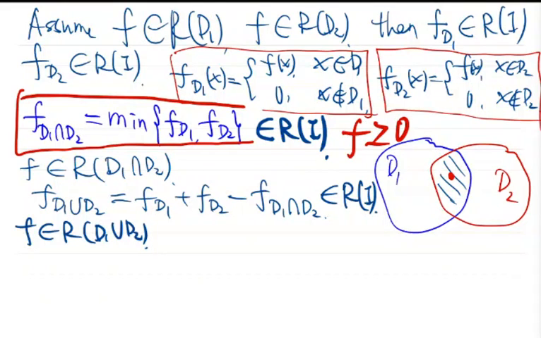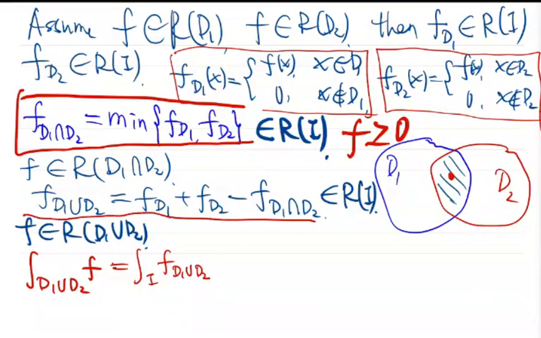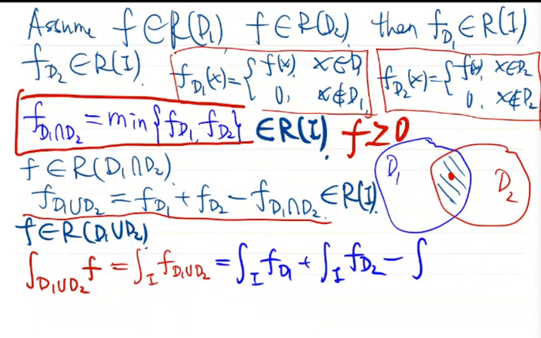And moreover, the value of the integral over D, where D is the union of D1 and D2, equals by definition the integral over I of f D. But using this equality, and using the linear combination property of the integral over a rectangle that we proved in the last lecture, we know that this can be expressed by the integral over I of f D1 plus the integral over I of f D2 minus the integral over I of f D1 intersect with D2.